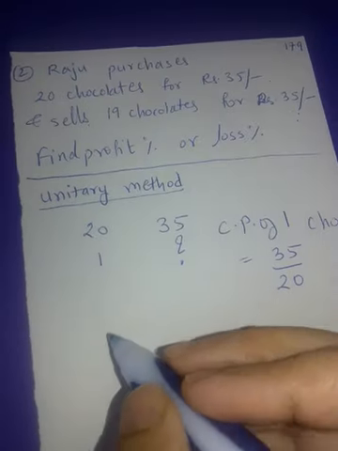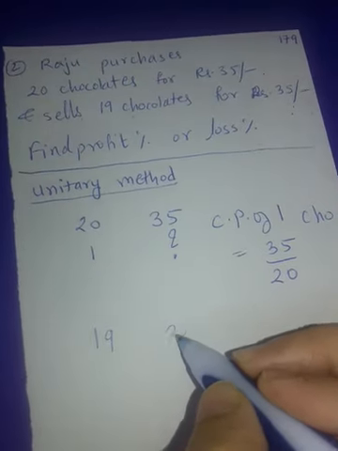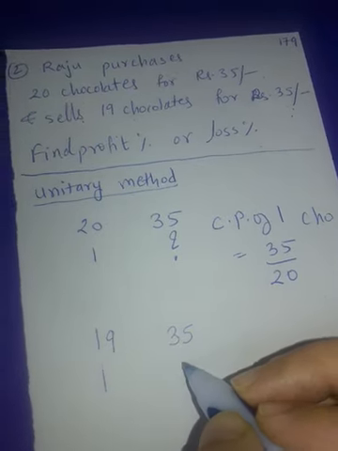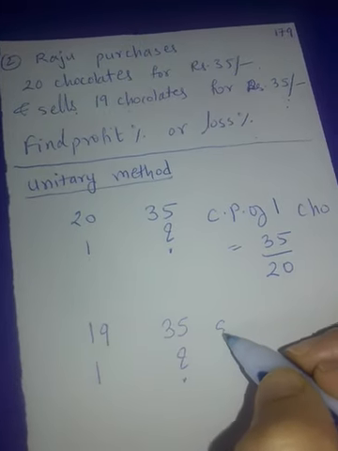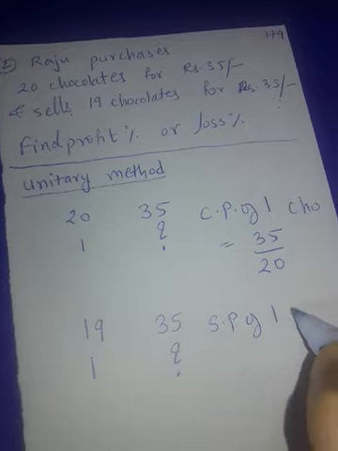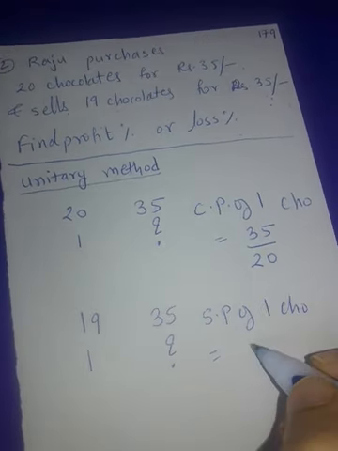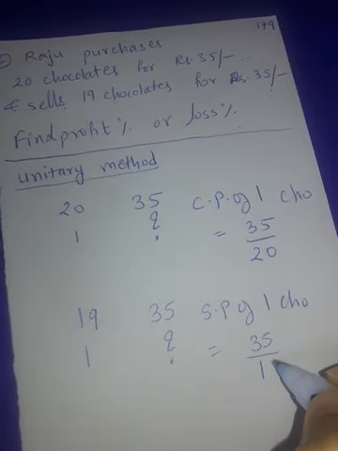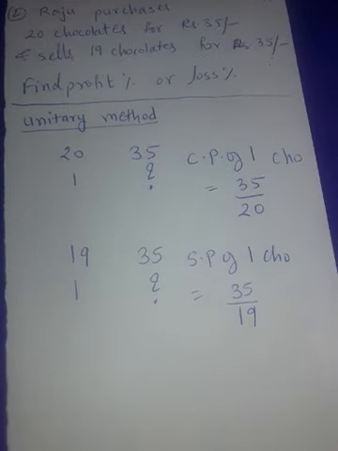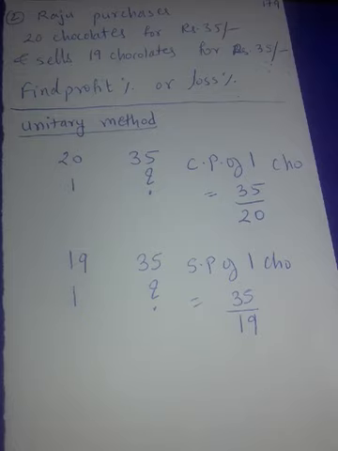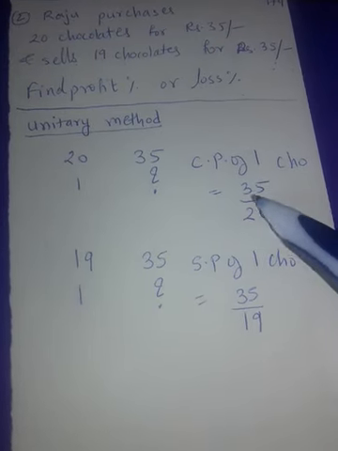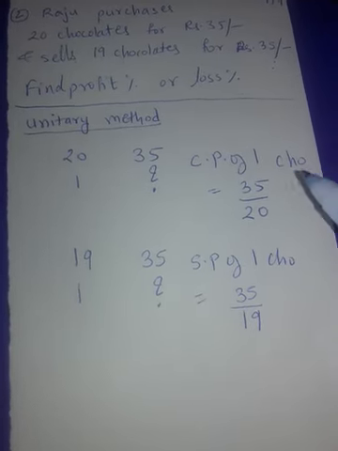For 19 chocolates the selling price is 35. For 1 chocolate, how much is the selling price? The selling price of 1 chocolate will be this into this divided by this, 35 upon 19. Right? 35 upon 20, 35 upon 19. The difference between them will be the profit or loss.